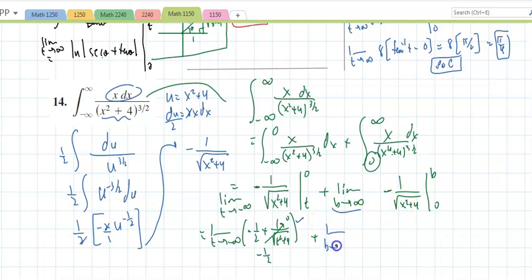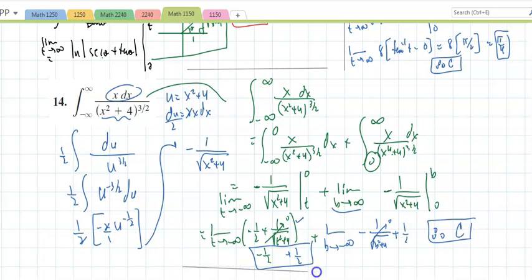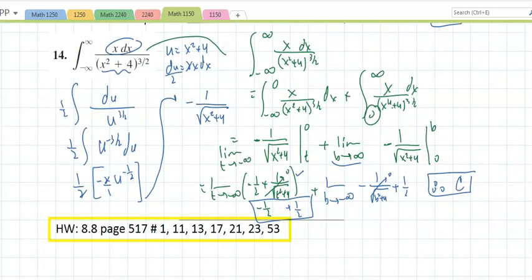Limit as b approaches infinity of negative 1 over the square root of b squared plus 4 plus 1/2. This will also approach 0, so I'm left with 1/2, which is a finite number. Therefore, I conclude that this integral converges. And there's your homework.